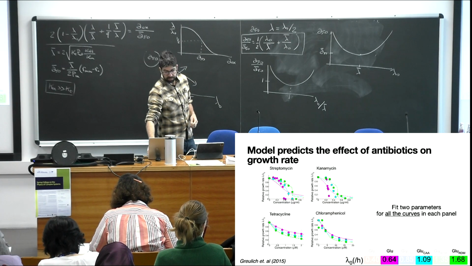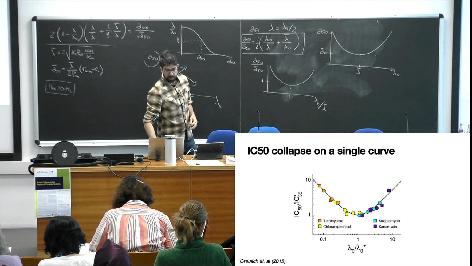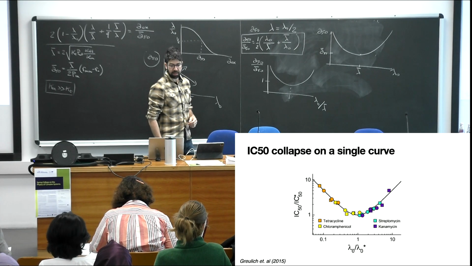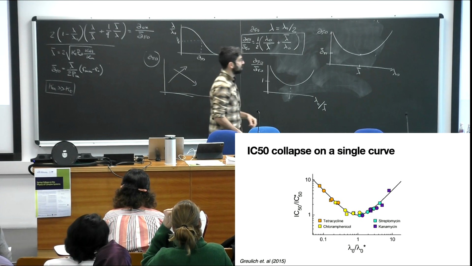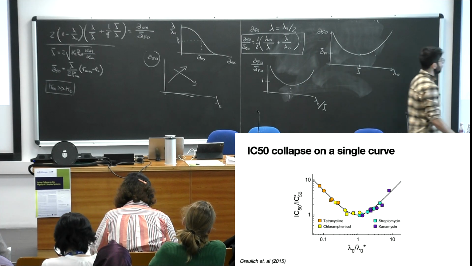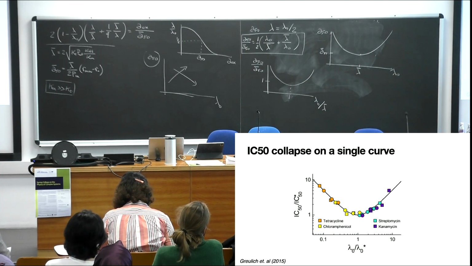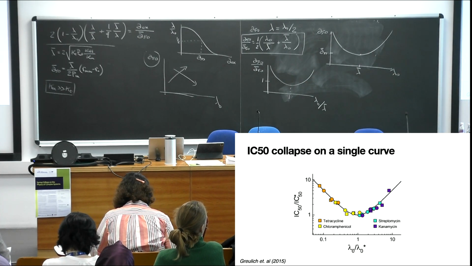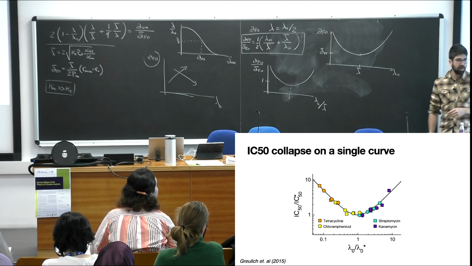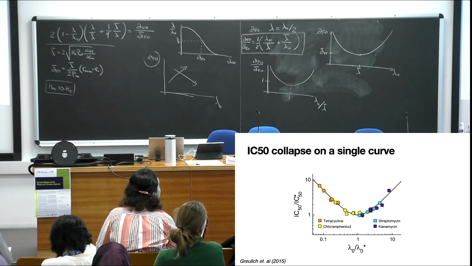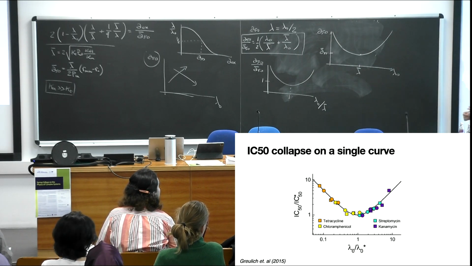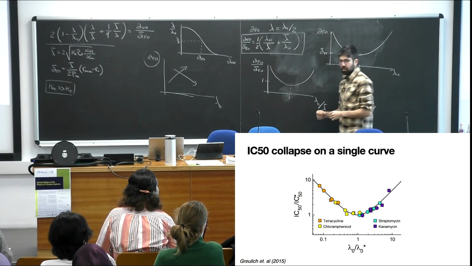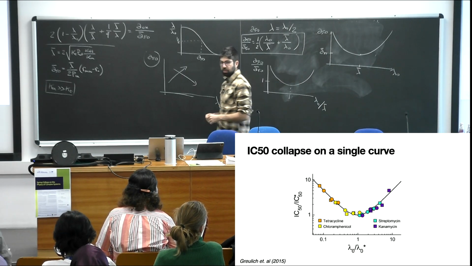You can fit all the parameters, and this is what you get. You get the 4 drugs, and the data collapse on the curve. Some drugs go down, some go up, but they fall within the same phenomenology. Okay?